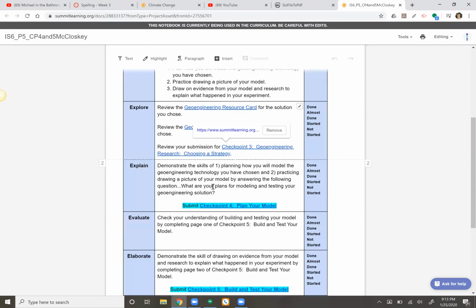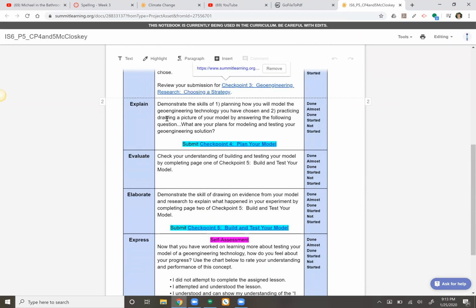All right, and then for Explain, you will complete Checkpoint 4, Plan Your Model. In your Explain, you're going to demonstrate the skills of planning how you will model the geoengineering technology you have chosen, and practicing drawing a picture of your model by answering the following question.